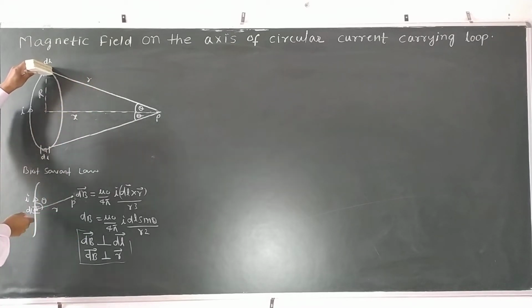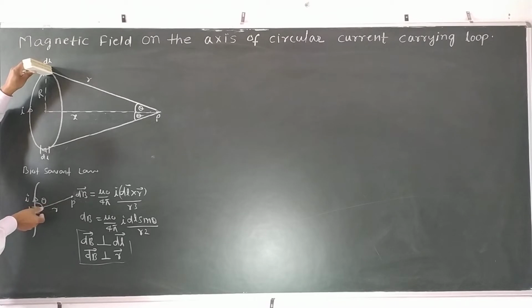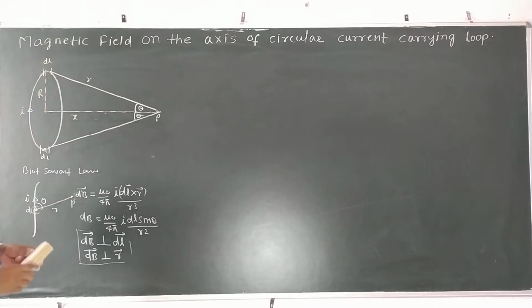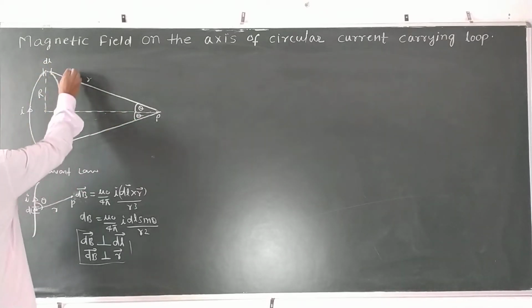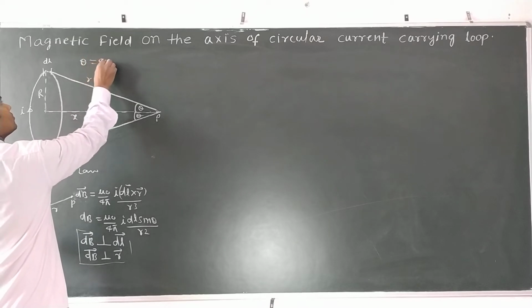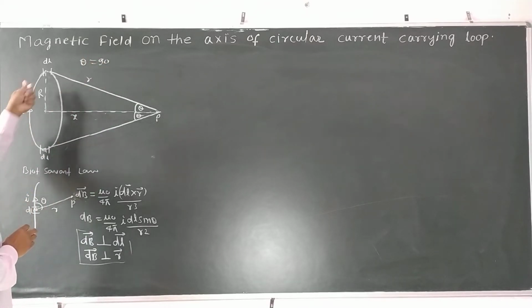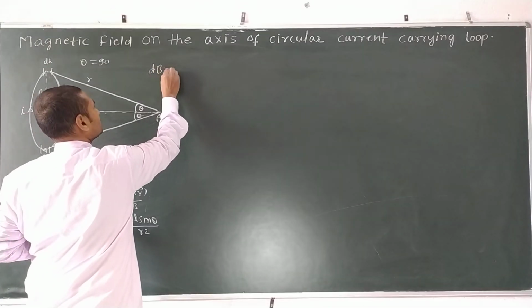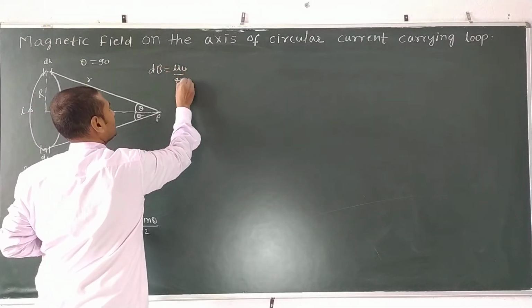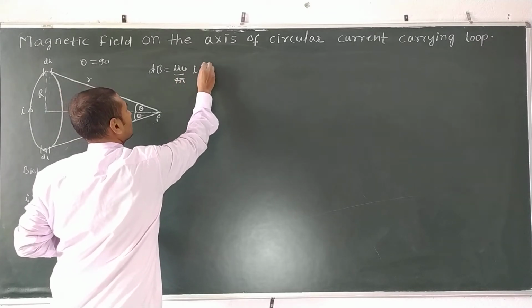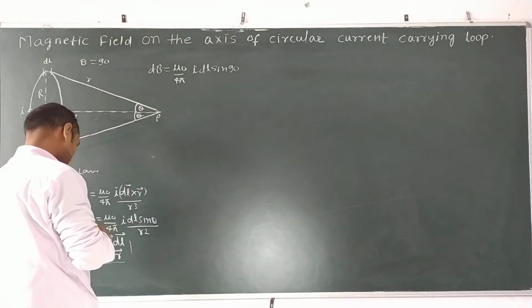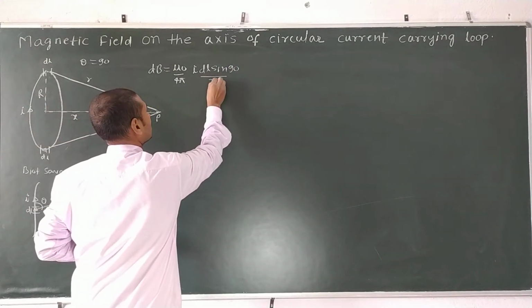Theta is the angle between dl and r. The direction of dl is outward and r is here, so theta becomes 90 degrees. Due to this dl, the magnitude of dB becomes mu naught upon 4 pi, I dl sin 90 upon r square.